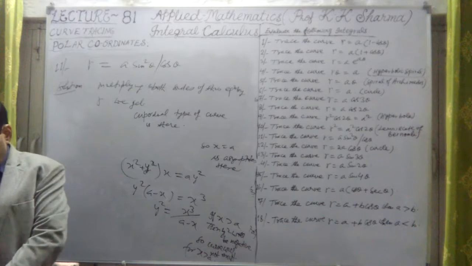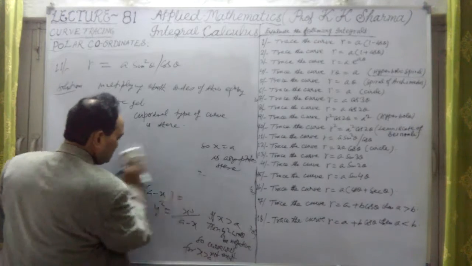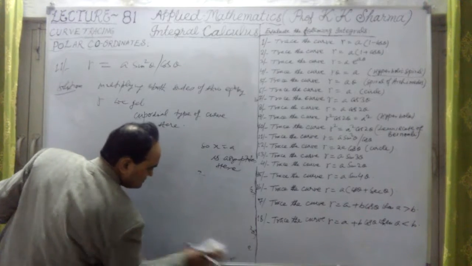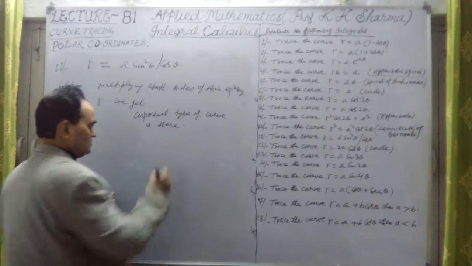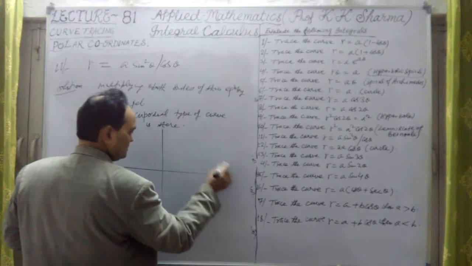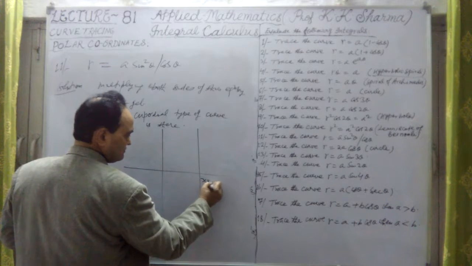That is what we have to discuss. Now let me draw the curve. What will the curve be? It is a cusp type of equation. Suppose this is x equal to a here.